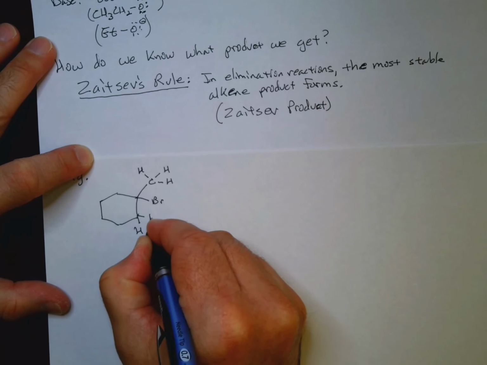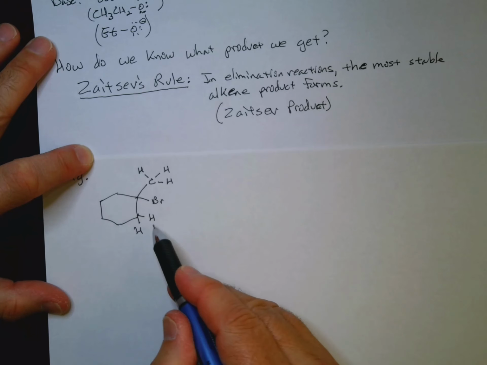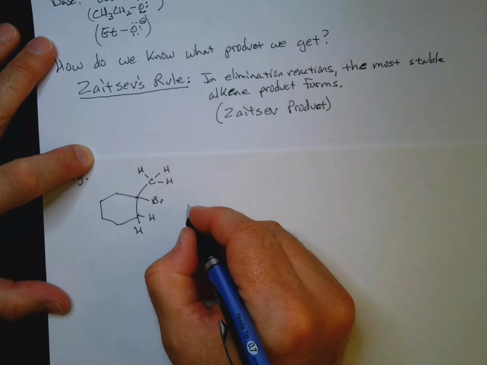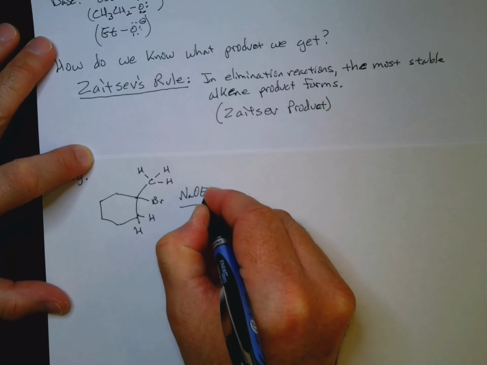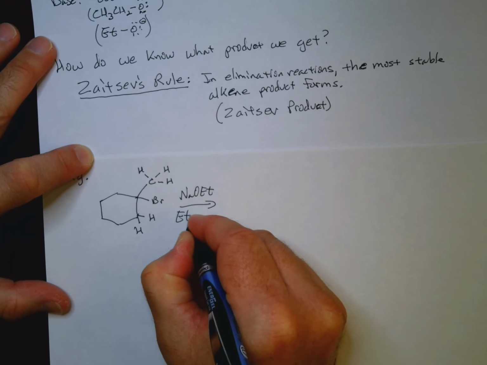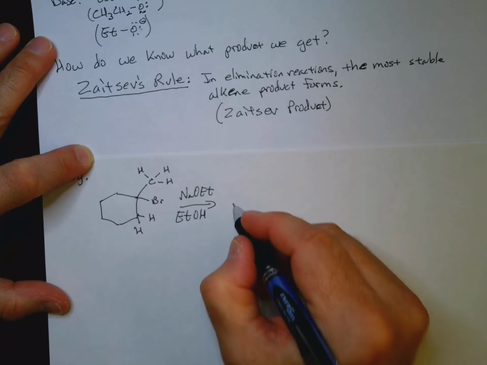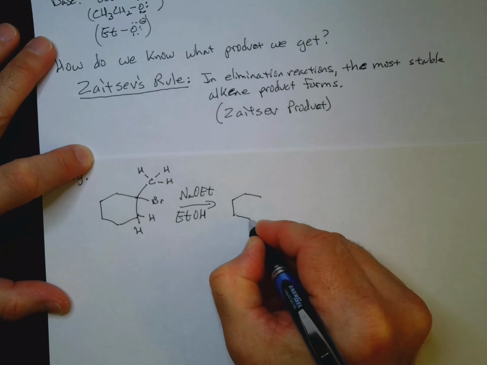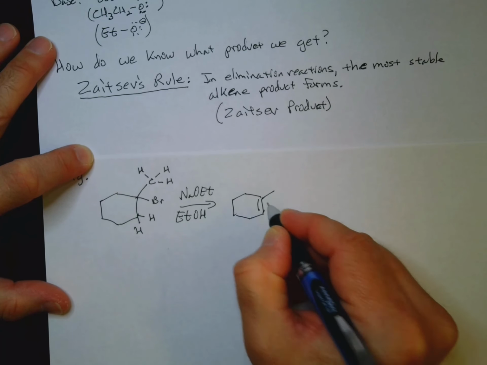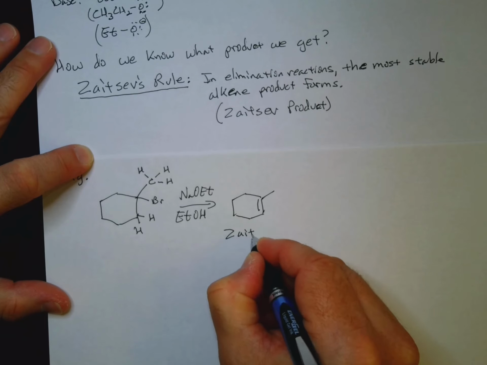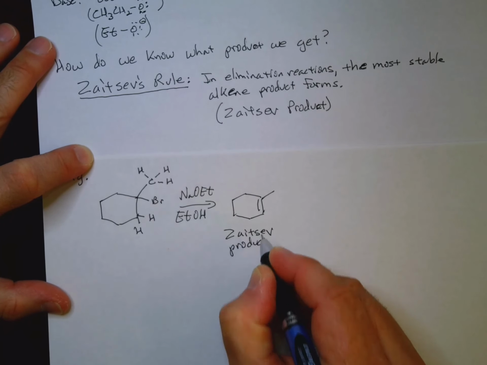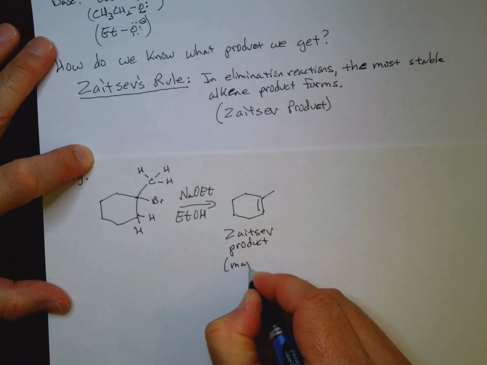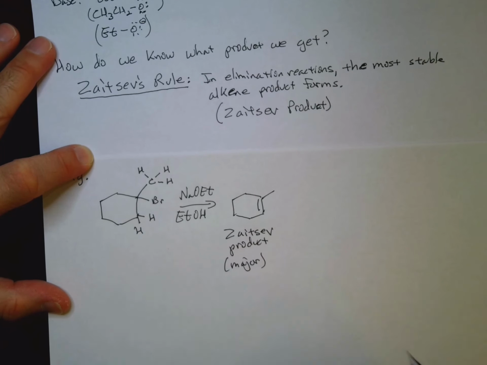We have 2 hydrogens there. So depending on which hydrogen we remove, we could get our Zaitsev product, which is major.